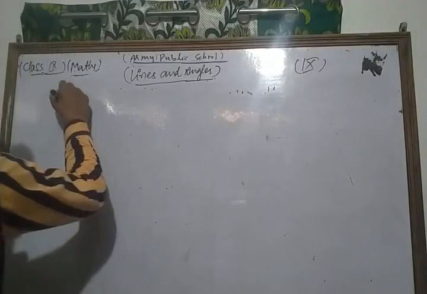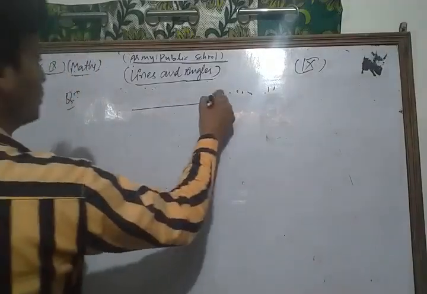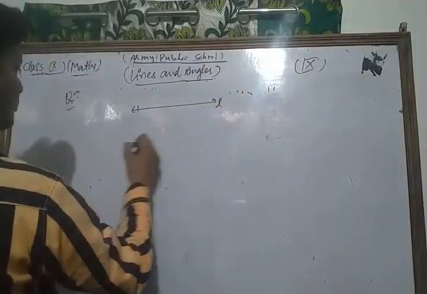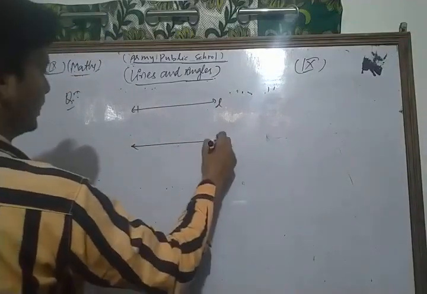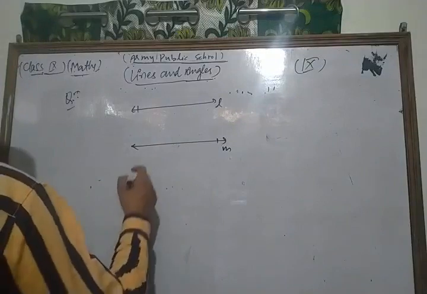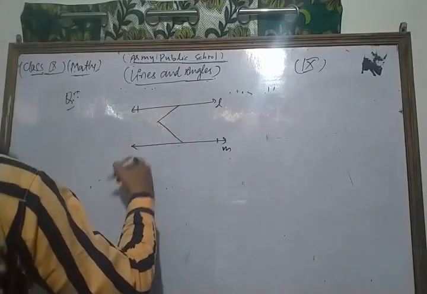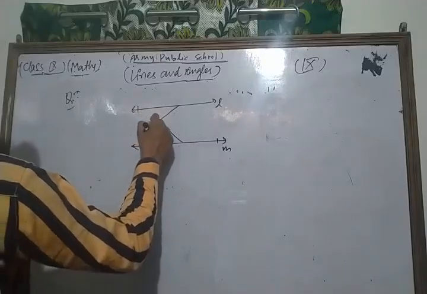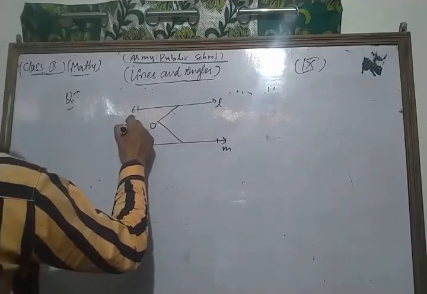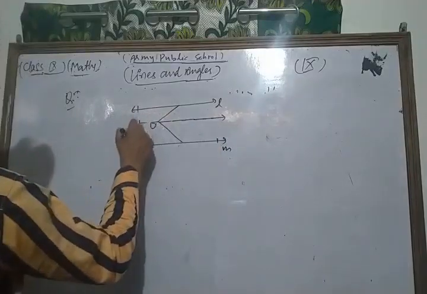Suppose your question is, this is a very important question, dear students. Suppose two parallel lines L and M are there, and this is the figure here. This is point O, and a third line is drawn in this way, AB.